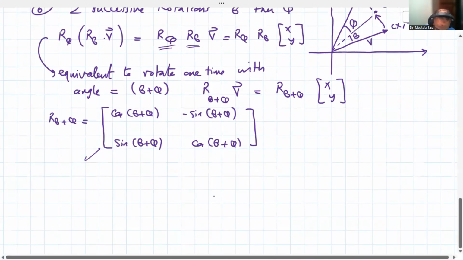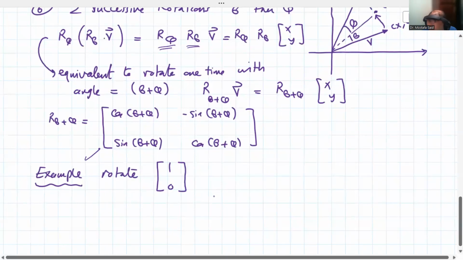Okay, so let's take an example for that. Rotate the vector 1, 0 first with angle theta equal to 30. If no direction is mentioned, that means counterclockwise.